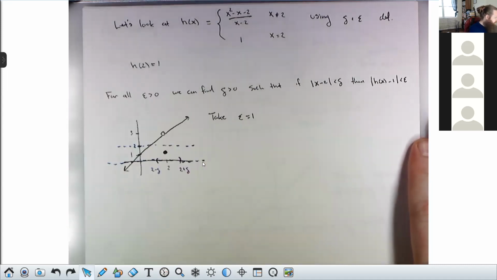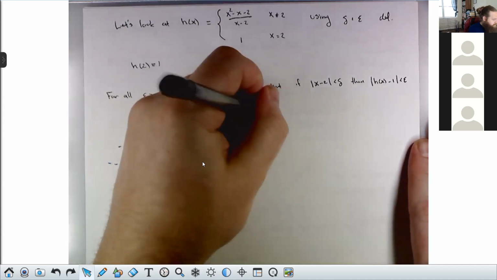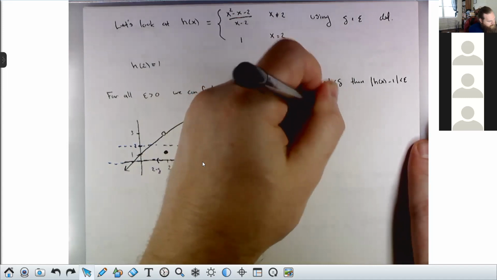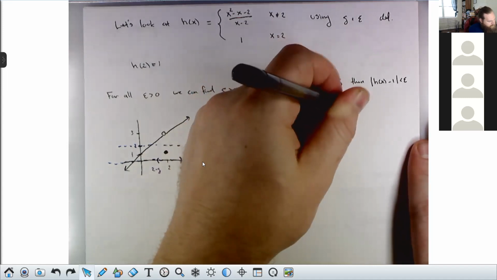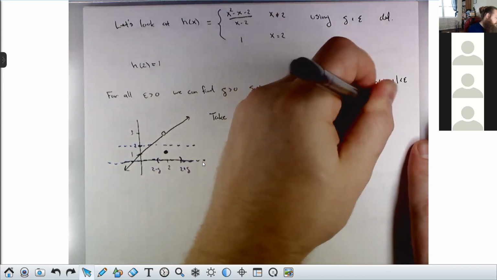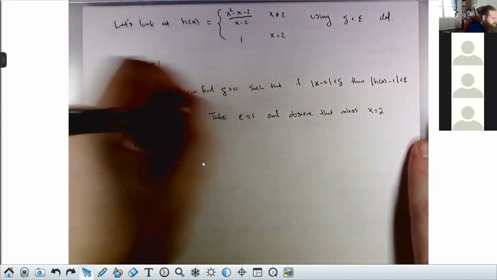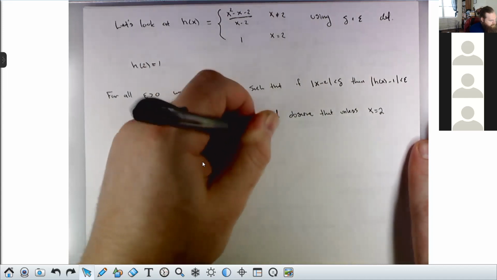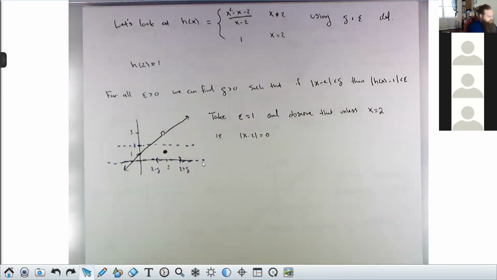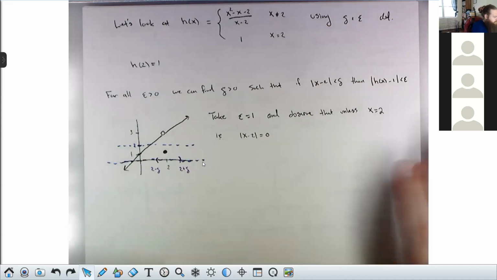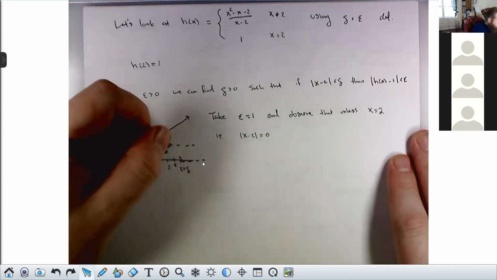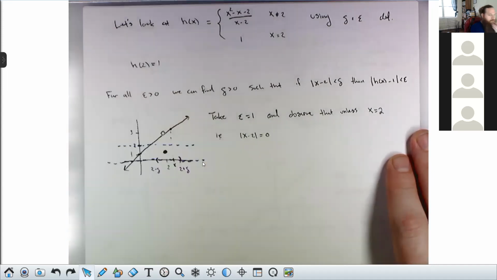I would say take epsilon equal to 1 and observe that unless x is equal to 2, i.e. absolute value of x minus 2 is equal to 0, then any x value, like say this one, will return something outside that epsilon window.